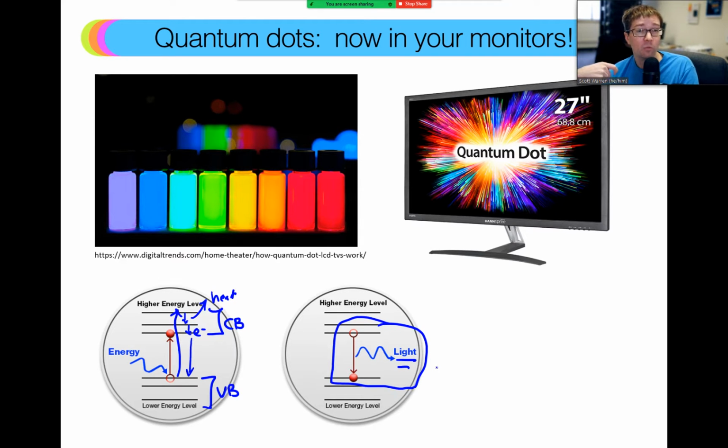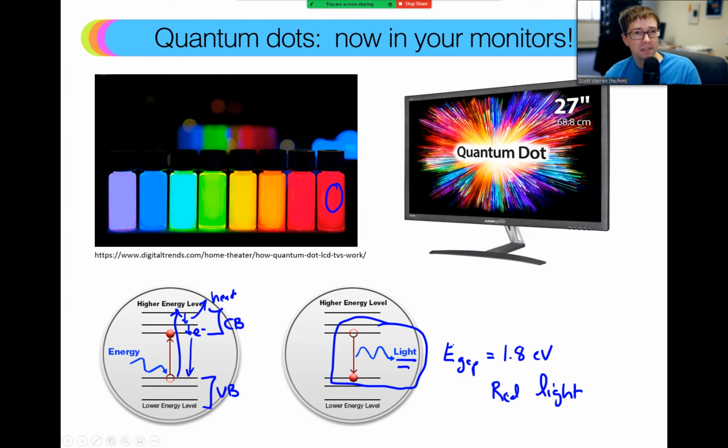So if we had a band gap, E gap, of 1.8 electron volts, then it would emit red light, for example. And so that's the case on maybe these quantum dots on the far right.